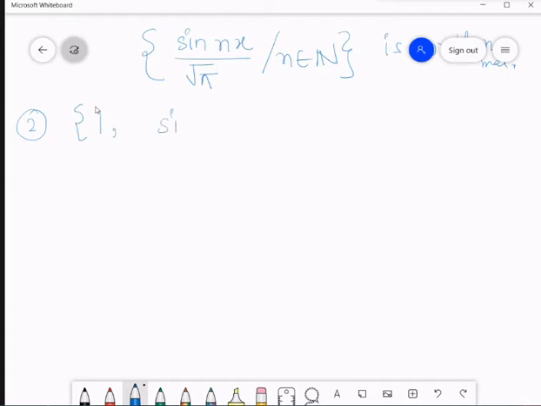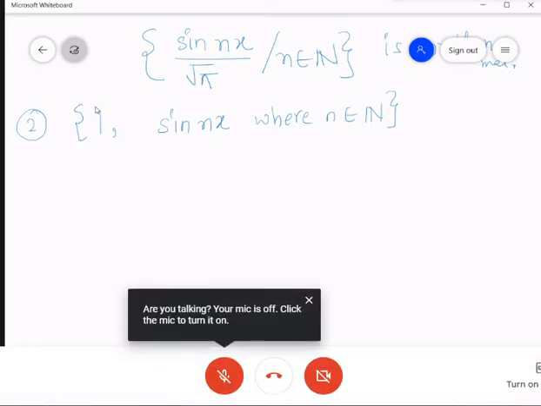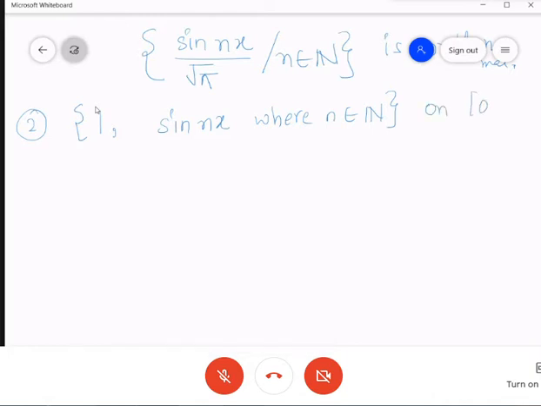Now see what will be the changes. Again, n is any natural number. What about this set? The interval is 0 to 2 pi.